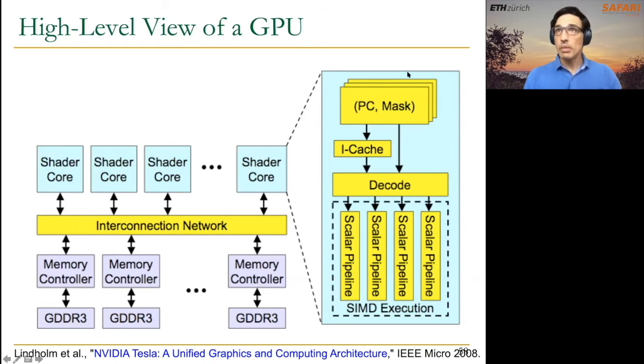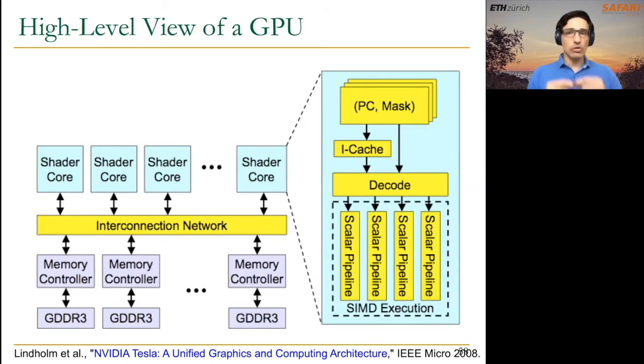And we have several of these. In particular, in current GPUs, for example, we have 64 of these, if I recall correctly. So each of these corresponds to one warp. This PC will be pointing to the next instruction that we are going to execute for warp 0, for warp 1, and so on.